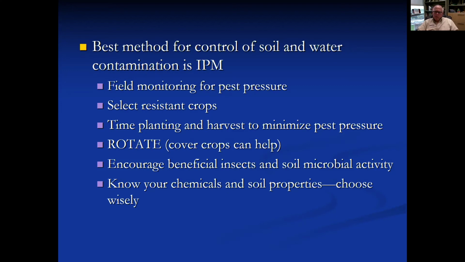But we rely mostly in the state of Utah in irrigated settings on work that has been done in other areas on cover crops. And you can get a great deal of information on that at the USDA's Soil Health Division website, where they talk about various mixes and other things that are useful in a number of different settings, whether it be in the home garden or small farms or larger scale farm systems.